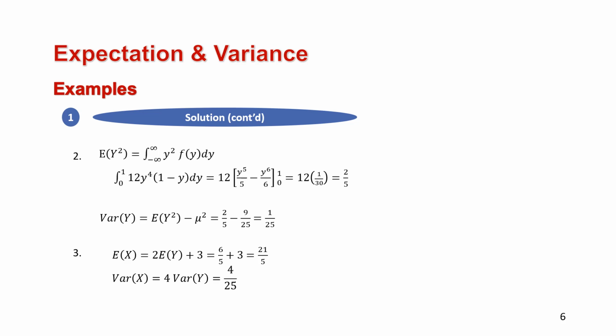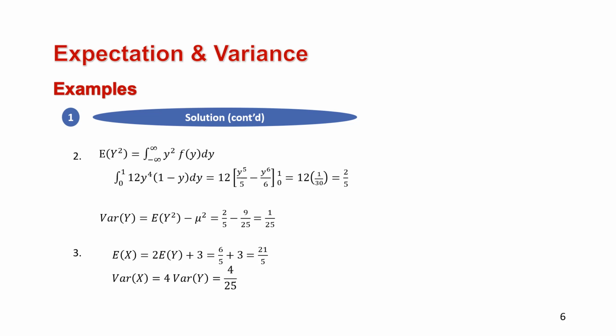The expected value of y itself was 3 over 5, so 2 times 3 over 5, which is 6 over 5, plus 3. Okay? Similarly, how can we get the variance of x? Because x equals 2y plus 3, forget 3, okay? And the constant 2 will be squared. The variance of x equals 4 times the variance of y, okay? So 4 over 25. This is the first method.